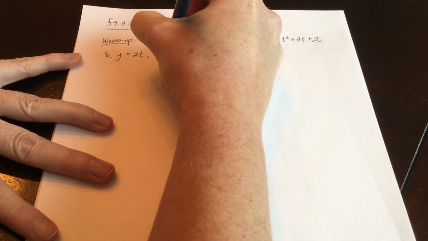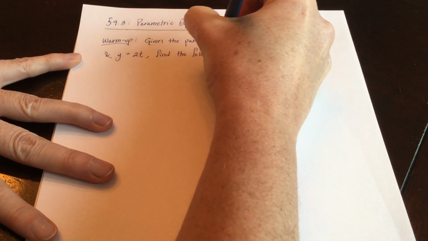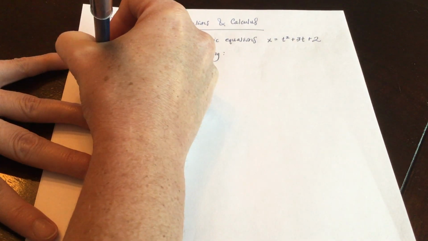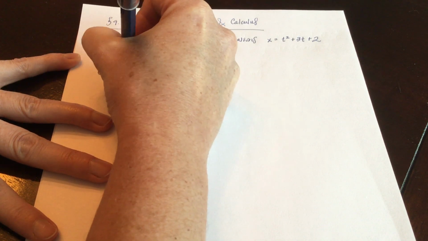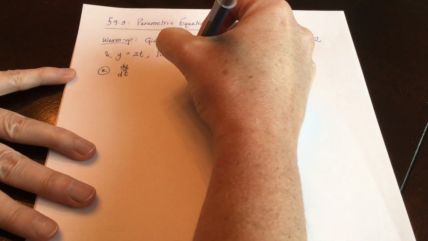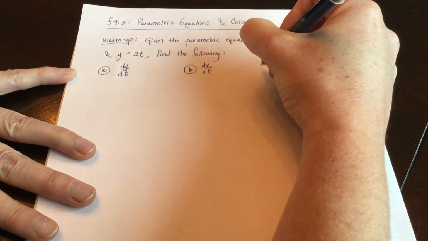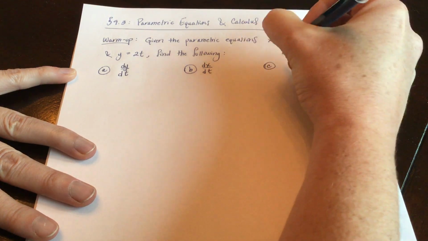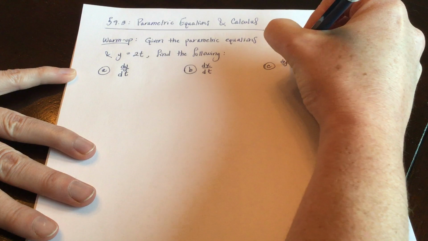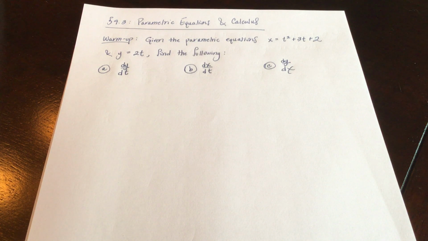See if you can find the following. Part A, see if you can find dy/dt. Part B, see if you can find dx/dt. And then for part C, see if you can figure out what dy/dx is. Okay, super good time to stop and pause the video and see how you do.